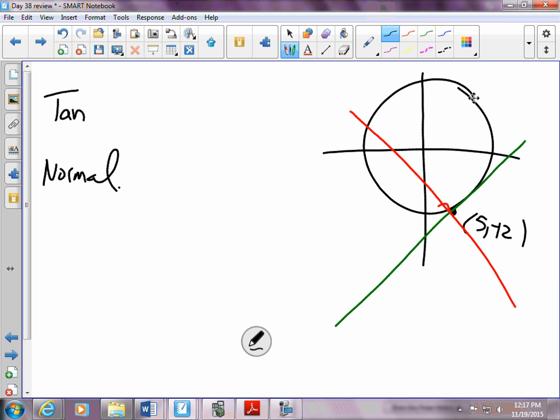If both those lines go through the point 5, negative 12, both of them are going to start out the same way. Remember point-slope form? It's going to be y plus 12 equals the slope, which we have to get, times x minus 5.